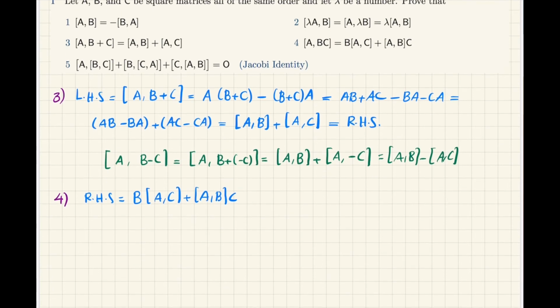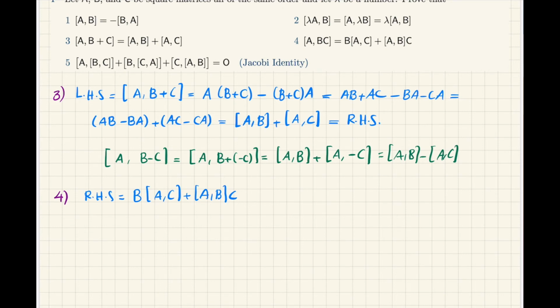Okay, so if I want to show that, I will start from the right hand side and then just simple calculation. Instead of commutator of A and C, I write the definition, which is AC minus CA. And for the commutator of A and B, I would write AB minus BA, just the definition, and then I have a C at the end. And I will start multiplying B inside, so it becomes BAC minus BCA, and then I will have ABC minus BAC. Yes?